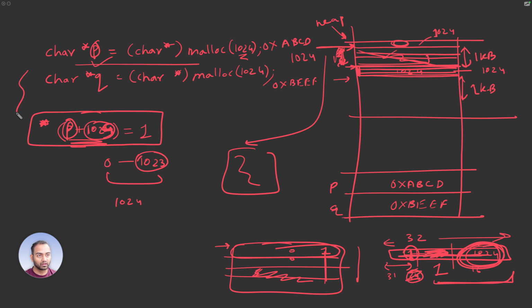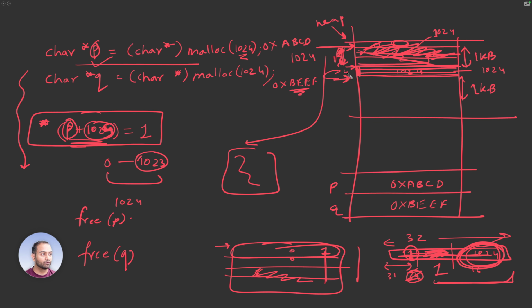Let's say after a lot of time we freed P. So this memory region is gone. It's reclaimed by the heap allocator or memory allocator. Later we do free Q. And the way malloc works, we talked that BEEF would be passed as an address.